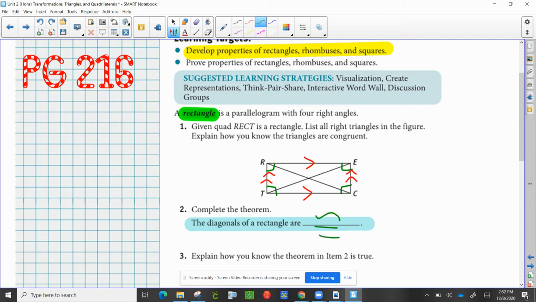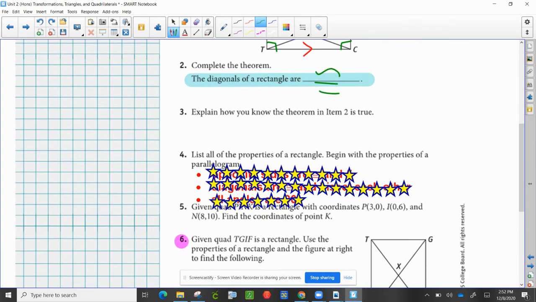Okay. So we know that's true because we learned that in the previous lesson. So a rectangle is part of the parallelogram family. Okay, so it's a parallelogram. It just happens to have 4 right angles. So the other properties about rectangles is we know that their opposite sides are congruent and parallel. We just talked about the parallel part.